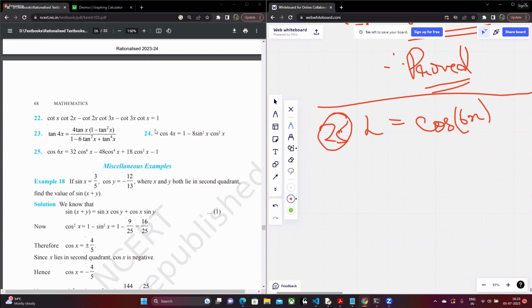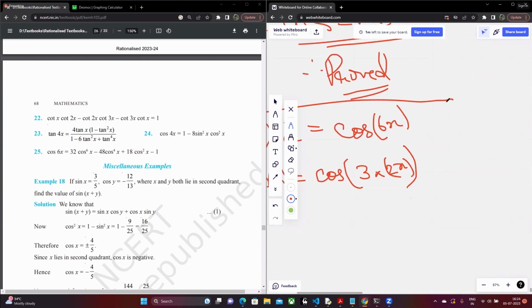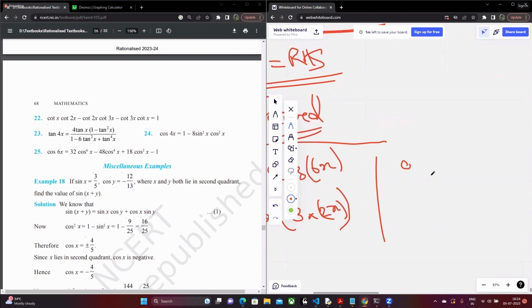Again, it is the same old vein as 23 and 24. We are going to do the same thing. But instead of this being 2 into 2x, since I have to represent this purely in cos, I'll represent cos of 6x as cos of 3 into 2x. Remember the formulas.